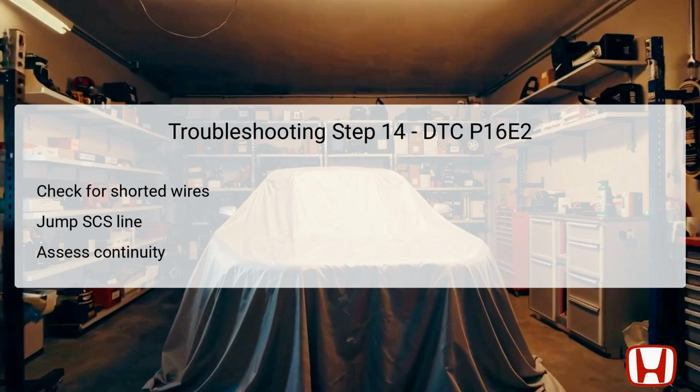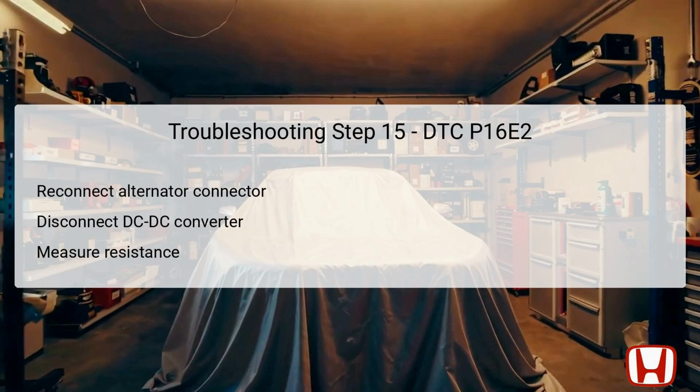In the 15th troubleshooting step, refocus on the alternator connector yet again to determine any failures associated with LIN bat sensor communications. First, ensure the alternator's 1P connector is reconnected before taking down the DC-DC converter connector A, allowing for an accurate resistance check.